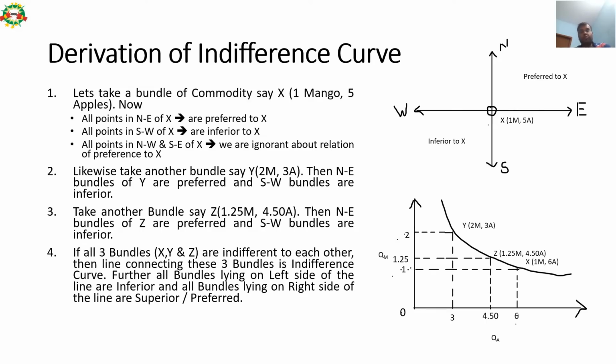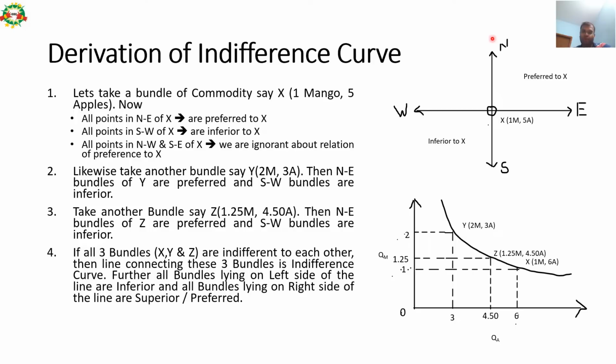Let us also try to understand derivation of indifference curve with the help of an example. So let us take a bundle of commodity, say X, which is 1 mango and 5 apples. This particular point represents the combination of 1 mango and 5 apples.